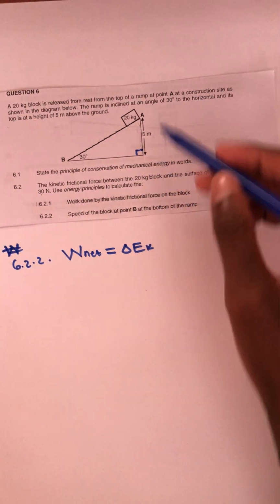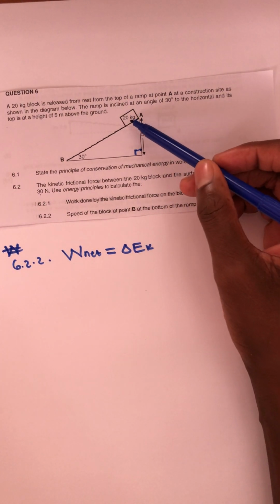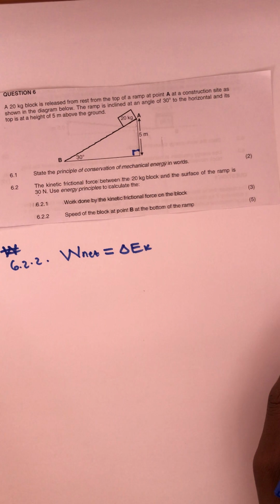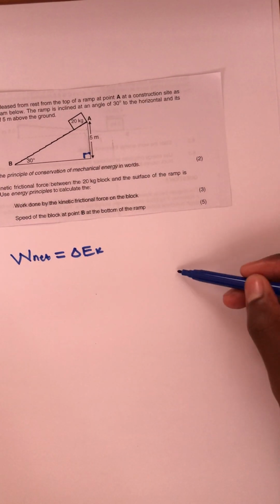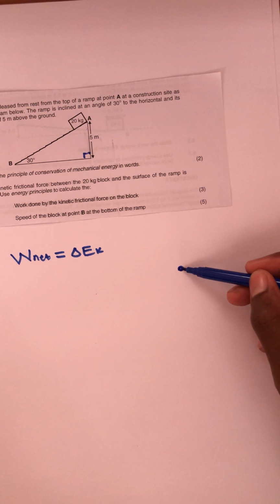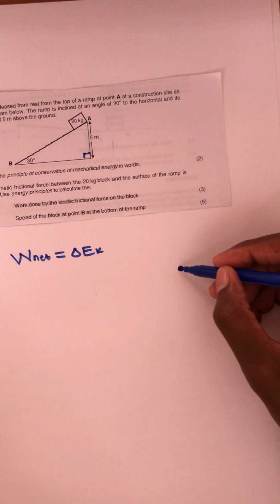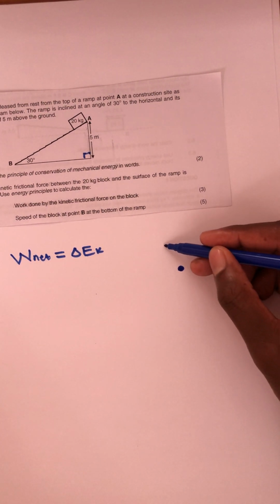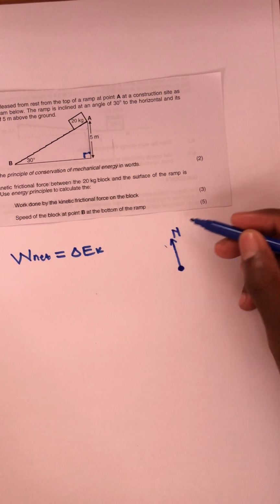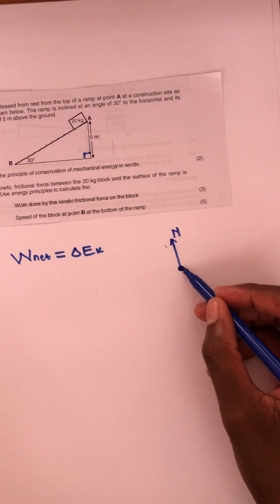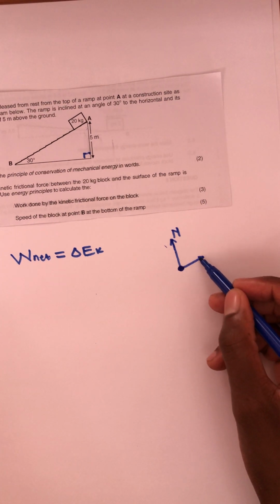So since from this diagram, let's say we draw a free body diagram on this. So the free body diagram will be like this. We have normal force, we have friction opposing.